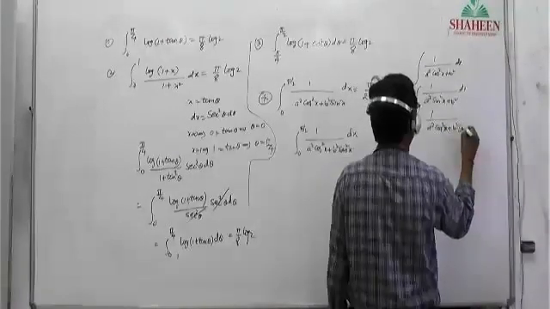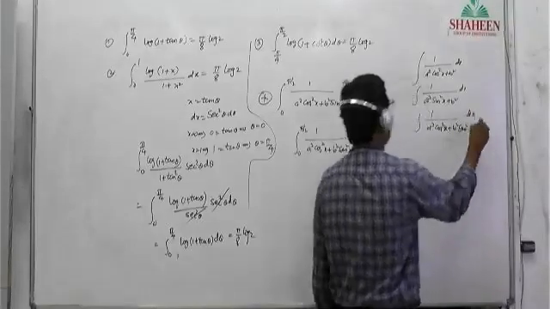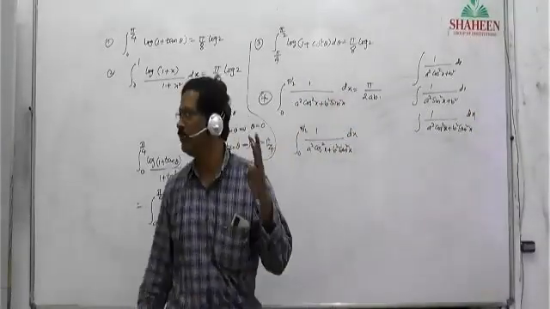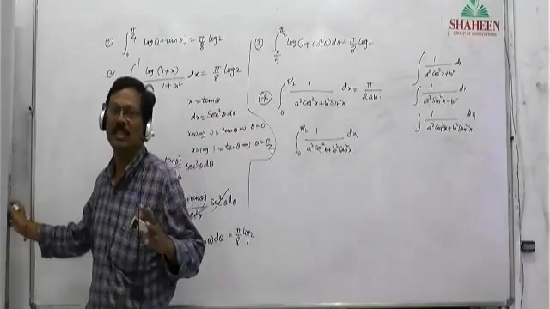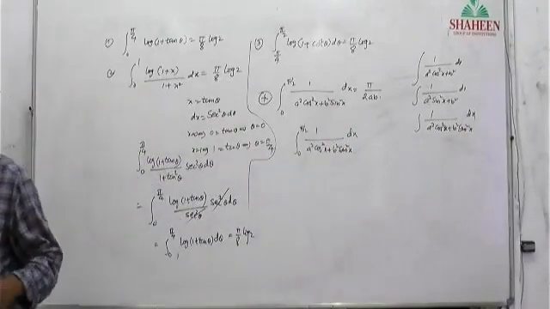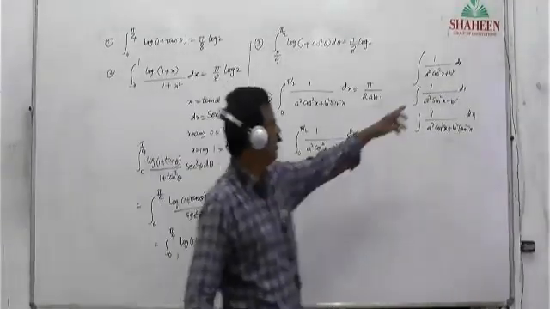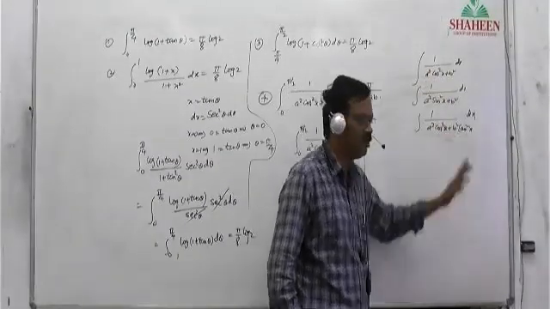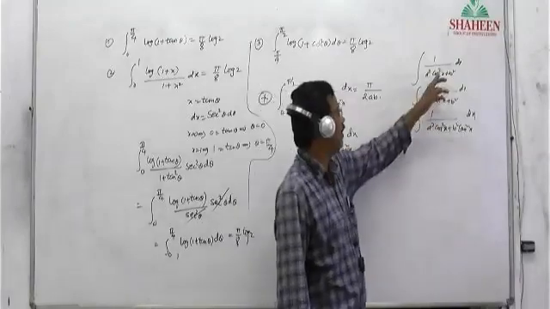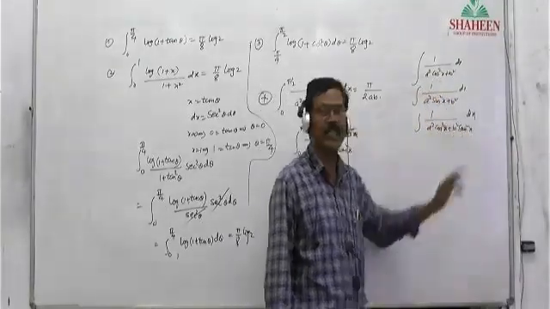See that in this, what is common in all these? These three problems are in terms of sine, cos, and both sine and cos. And in all of this, second degree is there.